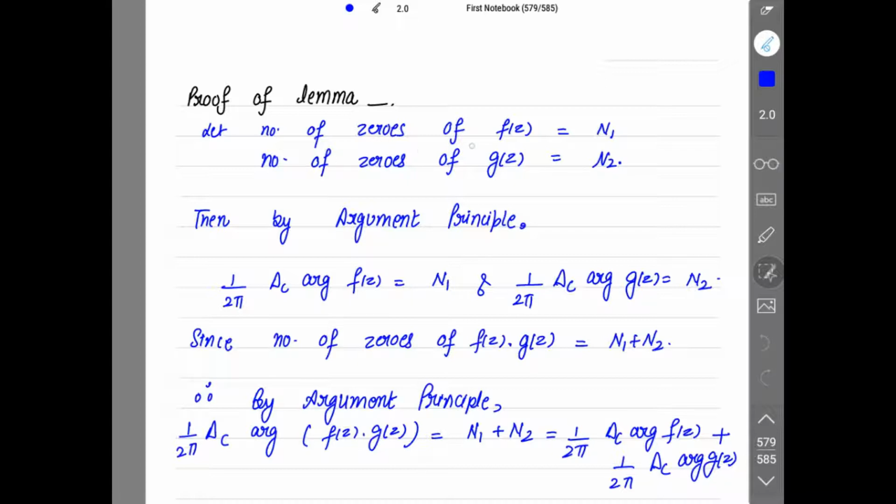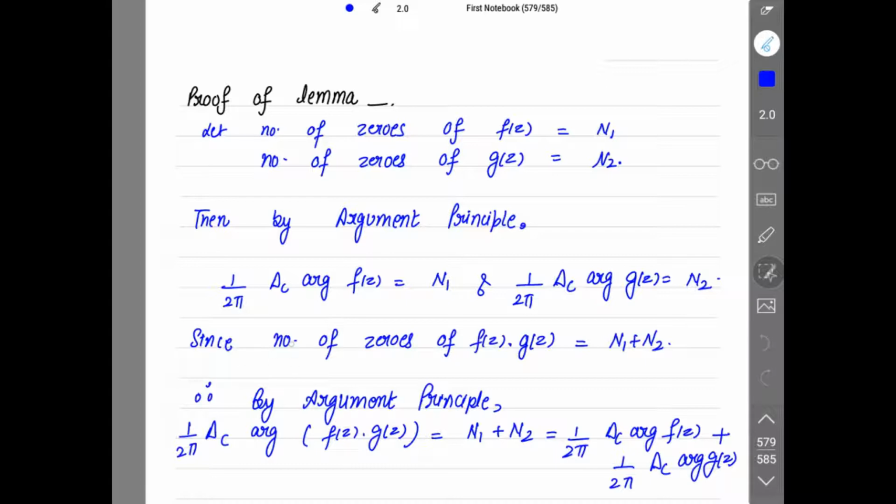Let the number of zeros of f(z) be n1 and the number of zeros of g(z) be n2. By the argument principle applied on f(z), we get 1 over 2 pi delta C argument f(z) equal to n1, and applying this principle for g(z), we get 1 over 2 pi delta C argument g(z) is equal to n2.